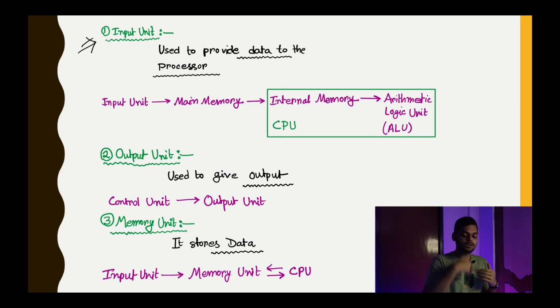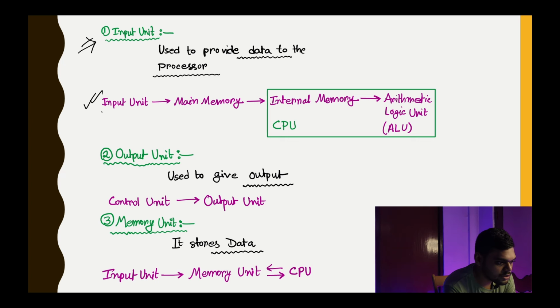The input unit is taking data from you, and the data that the input unit takes is stored in the main memory. So this is the chart. The input unit stores the data to the main memory, and from the main memory the CPU accesses the data.